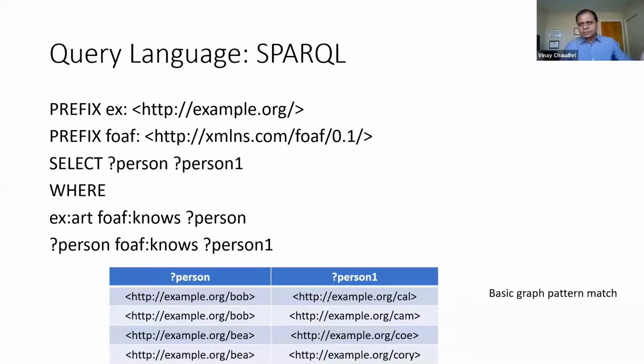We don't have to fully spell out the IRI in the query. But when we get the results back, the results are complete; they spell out the IRIs as they appear in the data set. These queries illustrate a very basic graph pattern match. Each query has a graph pattern which is matched against the RDF data set and returns a set of data.